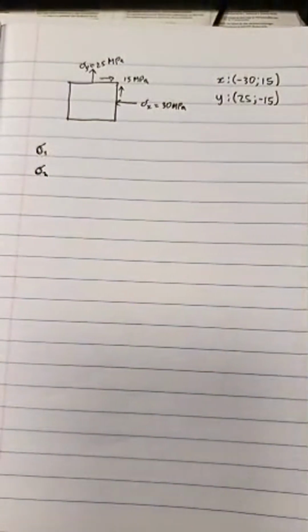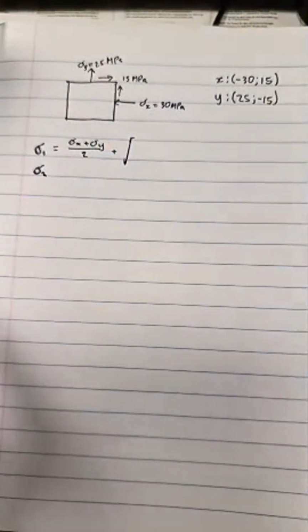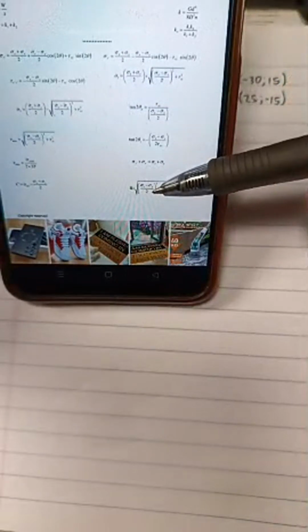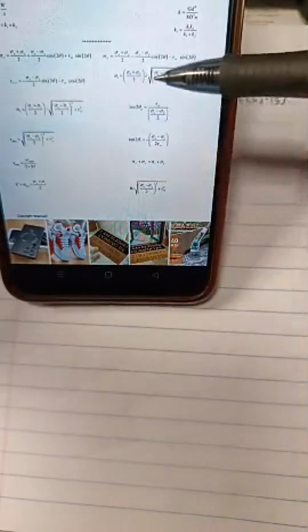Okay, so let's go ahead and put those formulas on the paper. So this is equal to stress x plus stress y over 2 plus then square root. One other thing I would like you to notice is that this square root, and this square root, and this square root are the same. 1, 2, 3, 4.